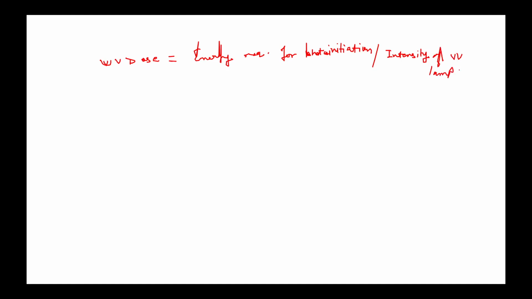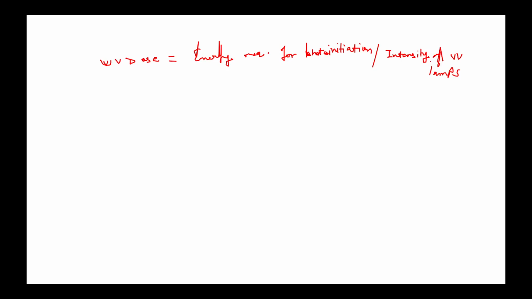UV dose equals the energy required for photoinitiation and cross-linking, divided by the intensity of UV lamps.